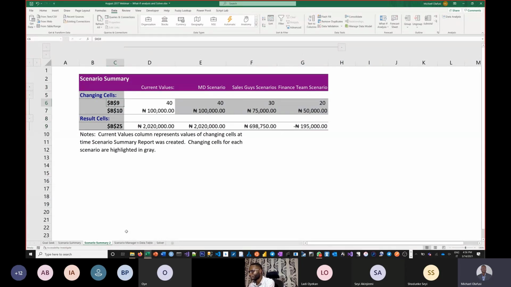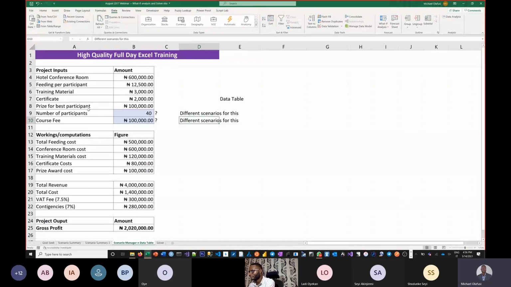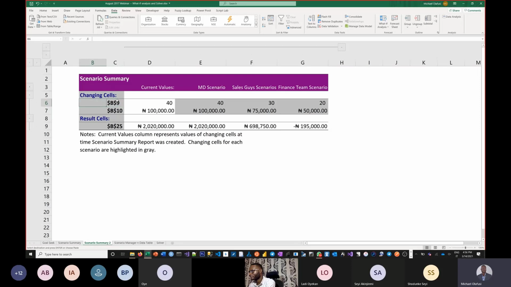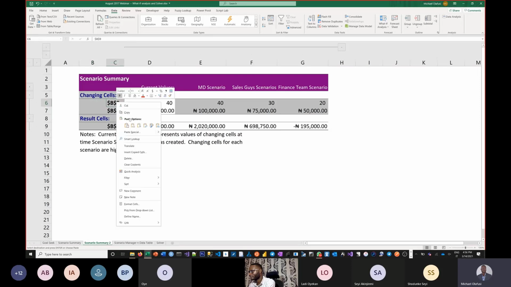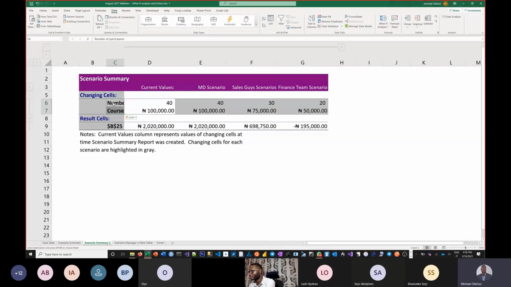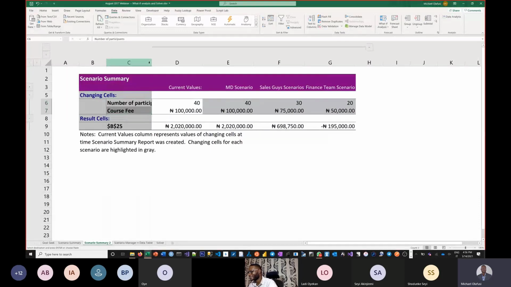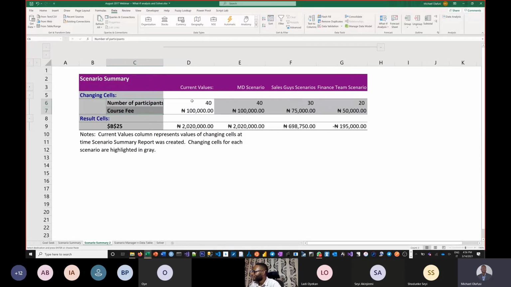In fact, let me just copy and paste so that I don't spend too much time typing. If we had used named cells, we would not be needing to type, but I don't want to complicate things for us. Let's just learn one thing in its own space. So this is it. Number of participants.